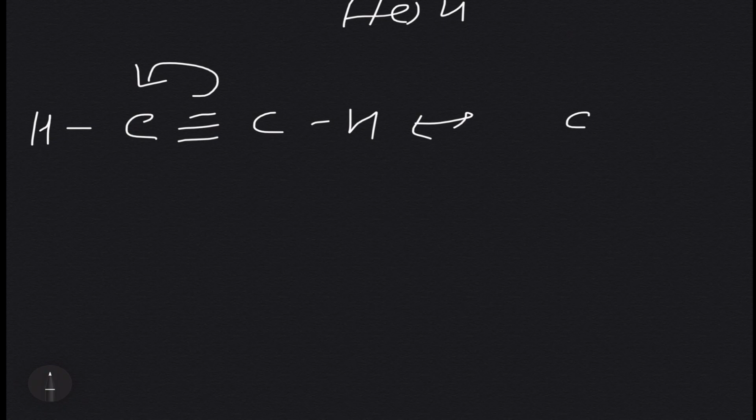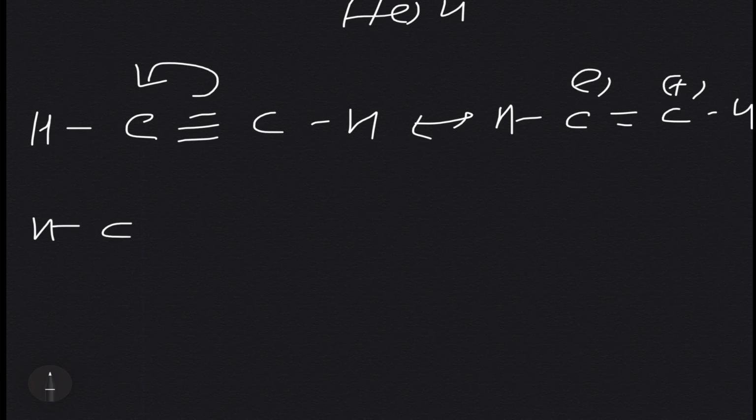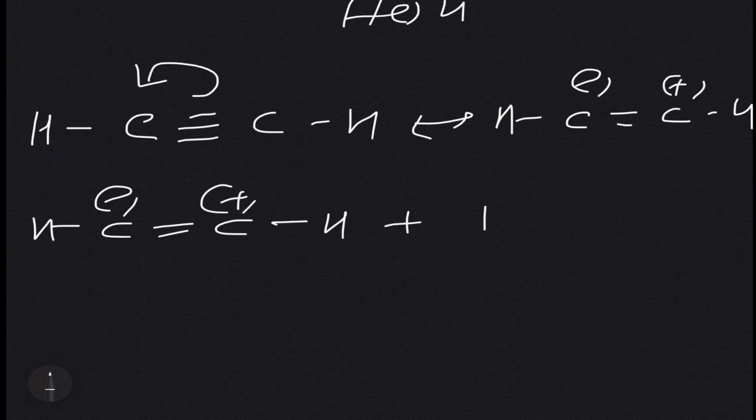So this becomes CH with negative charge, double bond C with positive charge, and H. You can interact with this one, and you have to interact with water. Why? Because 80% water is involved.